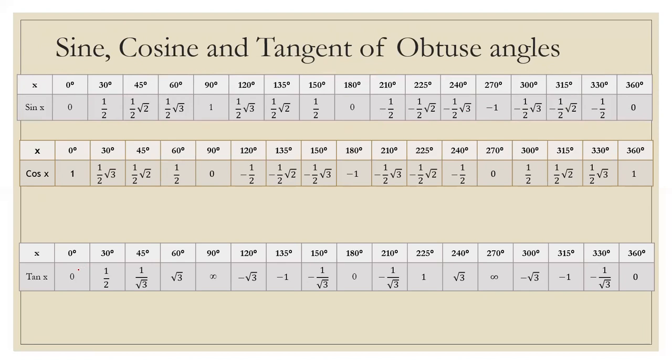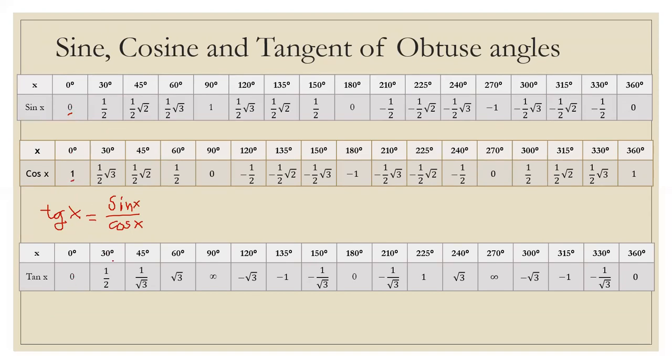Now, how to determine tangent? Tangent x equals sine x over cosine x. So you may determine the value of tangent x according to this formula. For example, tangent 0 equals sine 0 divided by cosine 0, 0 over 1 equals 0.